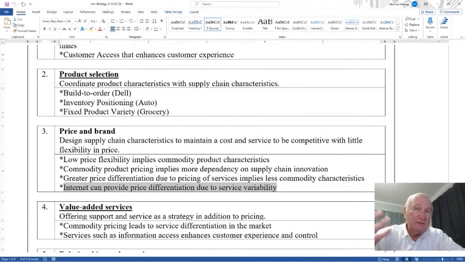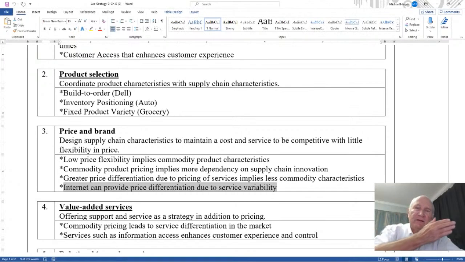Now, some commodities, as you go downstream, as commodities are combined with other commodities, the price differentiation can grow as you change the character of a commodity into combined commodities. You can have a commodity, then combine it, then combine it, but then as the price differentiation grows, it becomes less of a commodity, more of a marketable product.